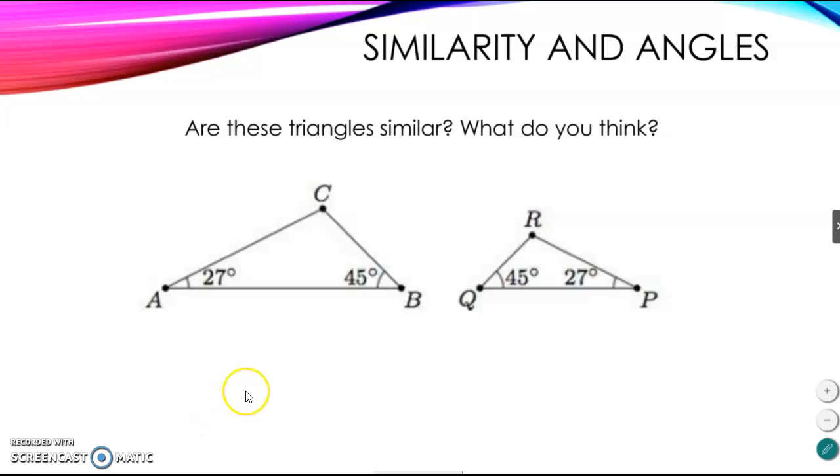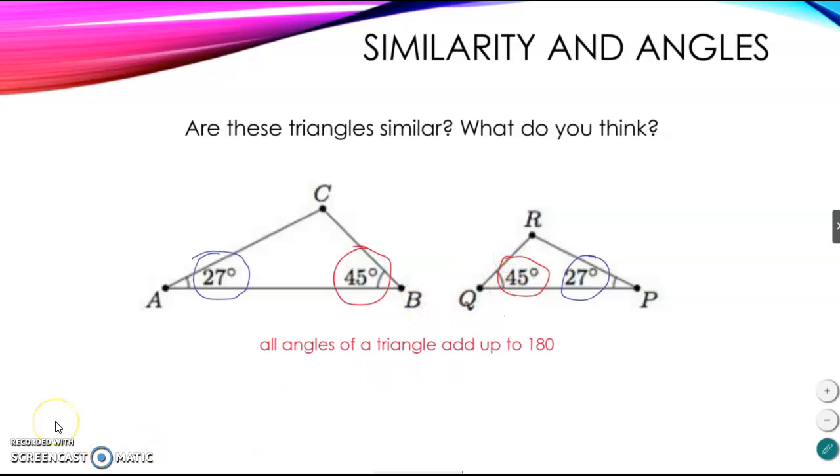So if you notice, they have related angles. They have this 27-degree angle A there, and they also have a 27-degree angle in the other triangle. Same with 45 and 45. Now, the thing about triangles is that all the angles of a triangle should add up to 180 degrees.